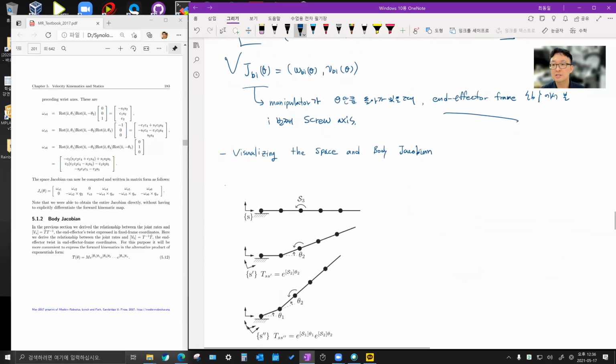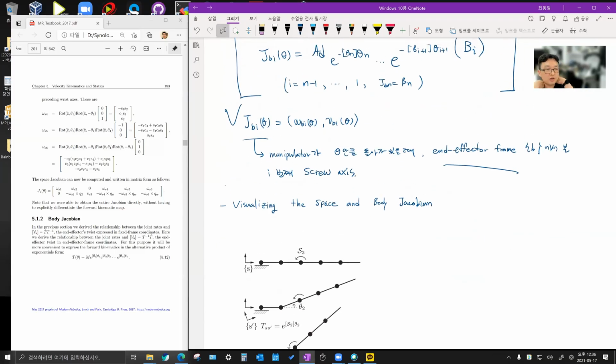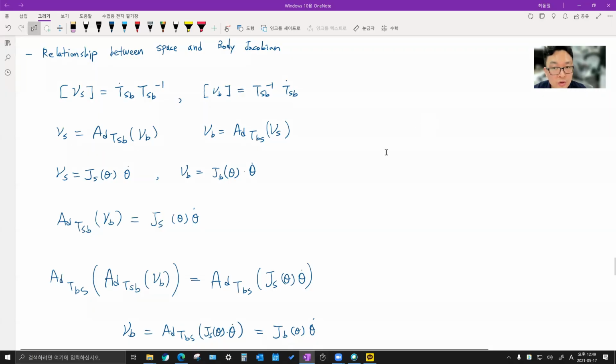So actually, the two concepts are almost similar, but the base frame is different. Okay, let's continue to the relationship between the space and body Jacobian.